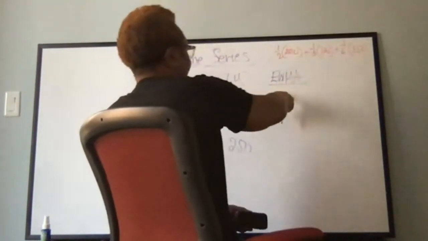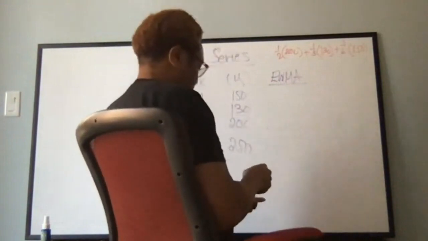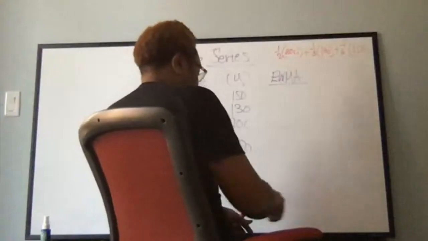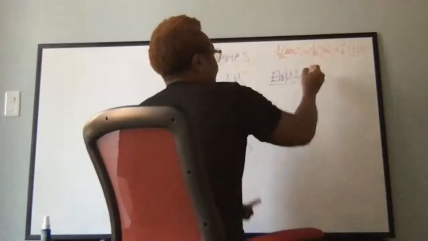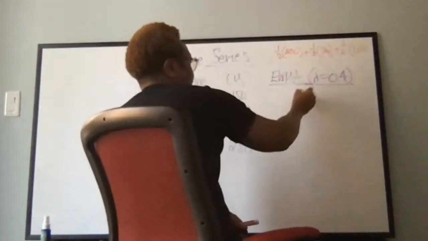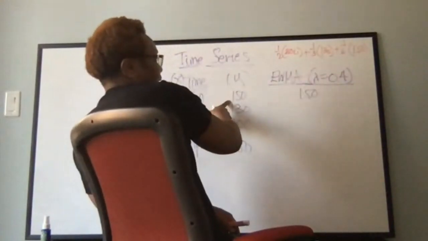What is the first value that goes right here? For any EWMA problem, the first answer is the 150, isn't it? Yeah. See this answer right here? For EWMA it is always going to equal this first number right here.